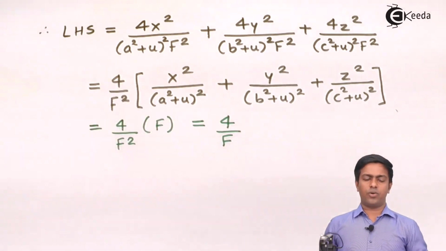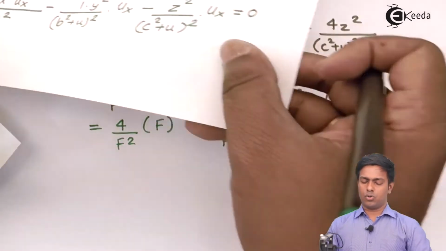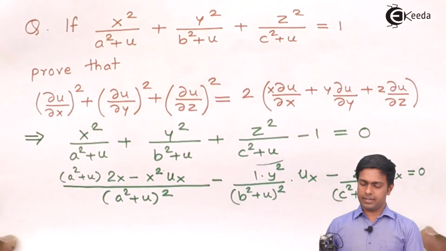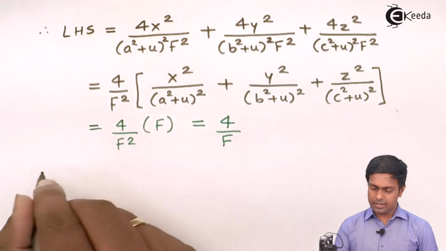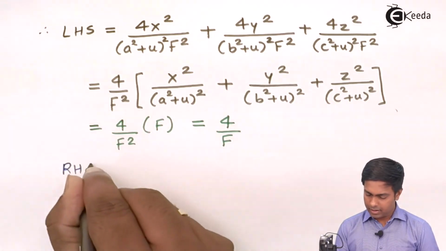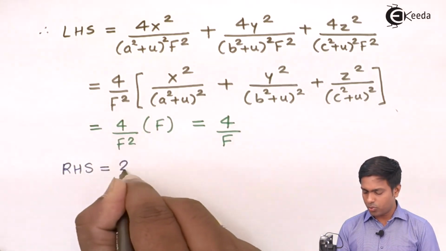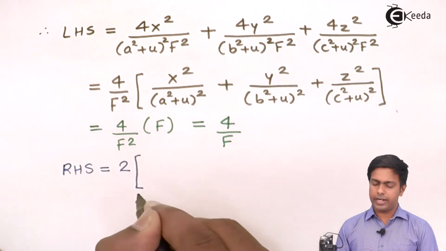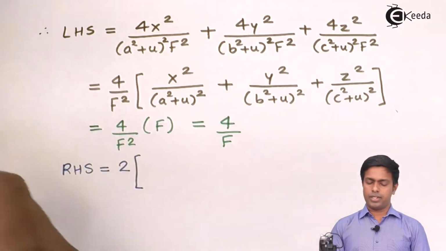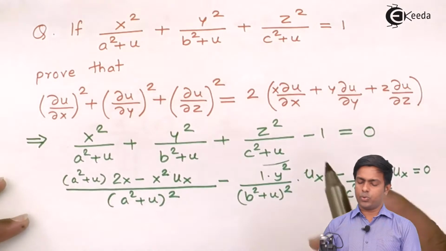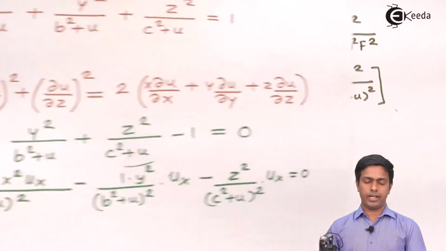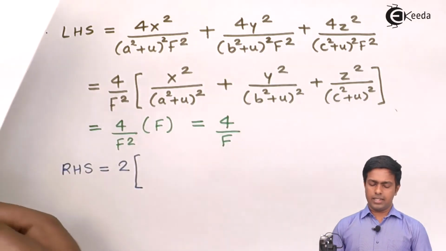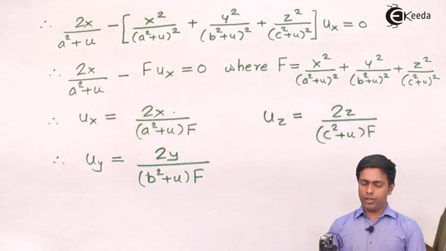Now let's find out the right hand side. So right hand side is this. So let's start. So here I'll say RHS is equal to, so 2 outside. Let's see what we get in bracket. So first term is x into del u by del x, then y into del u by del y, and z into del u by del z. So let's start. So guys, this is the value of del u by del x.